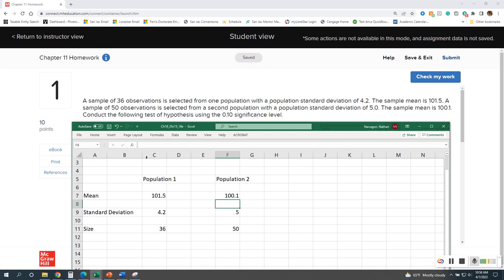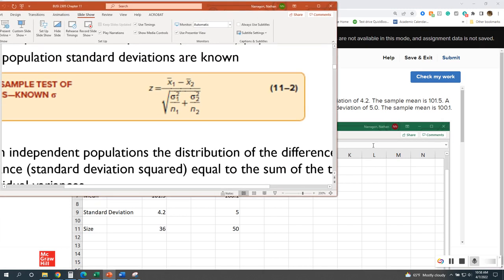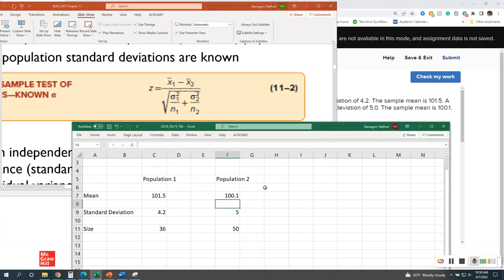We have to take all this info and put the formula together. The easiest way to do it is to break down each part, so we're going to do the fractions that we know.